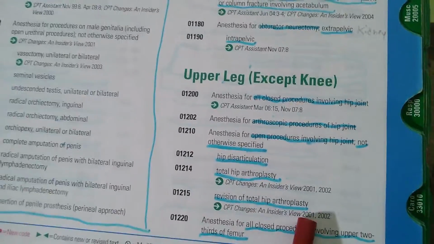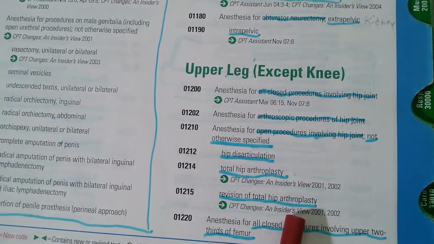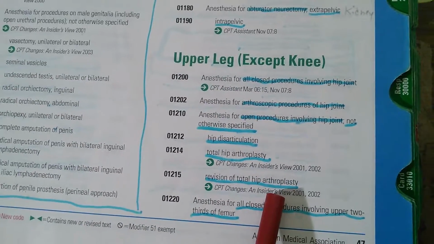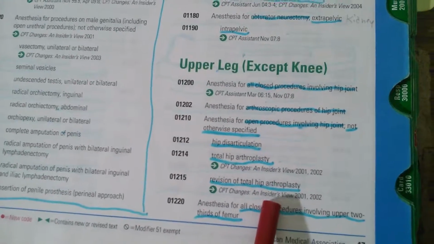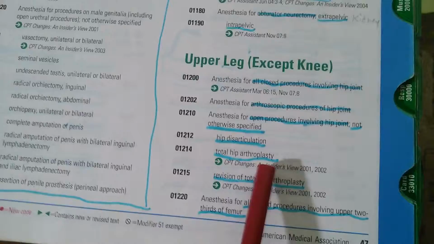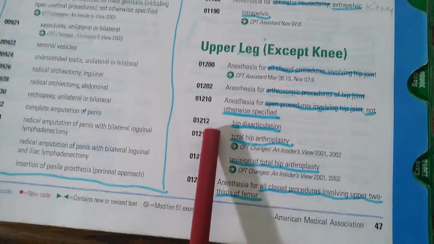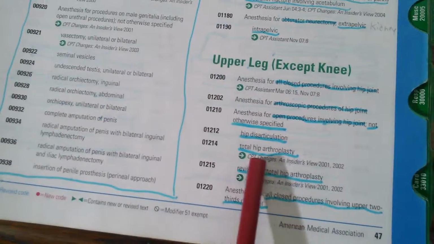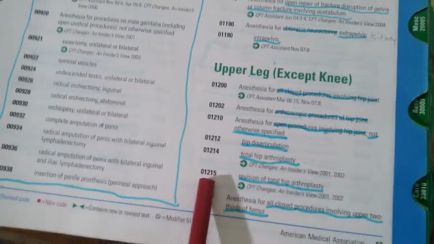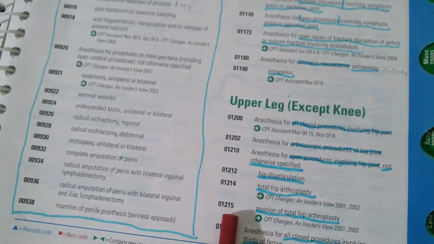Now you're going to go through a process of elimination to see which one is the best description from the exercise, the one that they're asking you. The 12 says hip disarticulation. It's one of the functions of the hip that has gone wrong and they're repairing it, but it's not total. The 14 says total, the 13 is not there, and the 15 says revision.